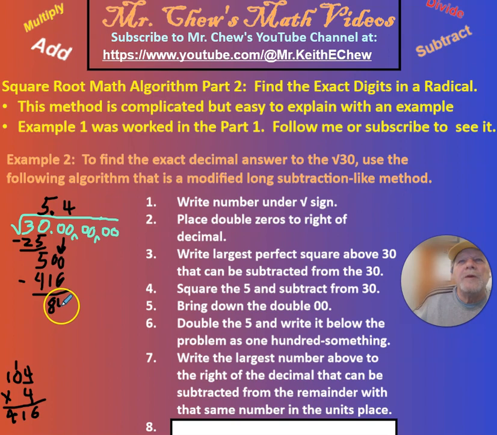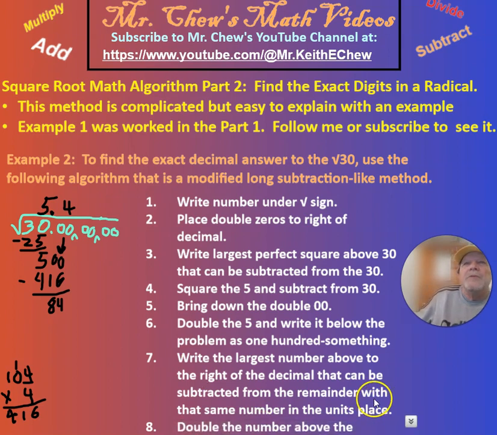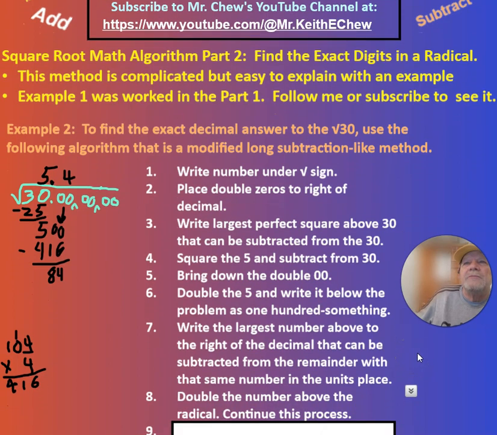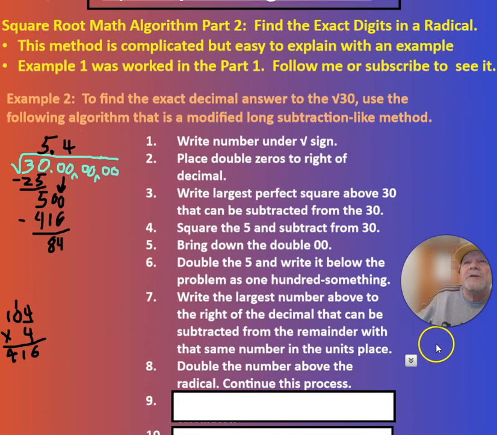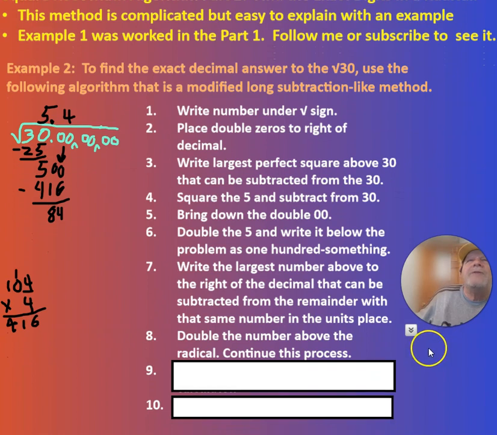And remember, we're repeating the process now. So if I repeat that process, I am going to double the number above the radical sign. I'm going to move this up just a little bit so that we can see this just fine. So I'm going to double the 54. 54 doubled is 108.